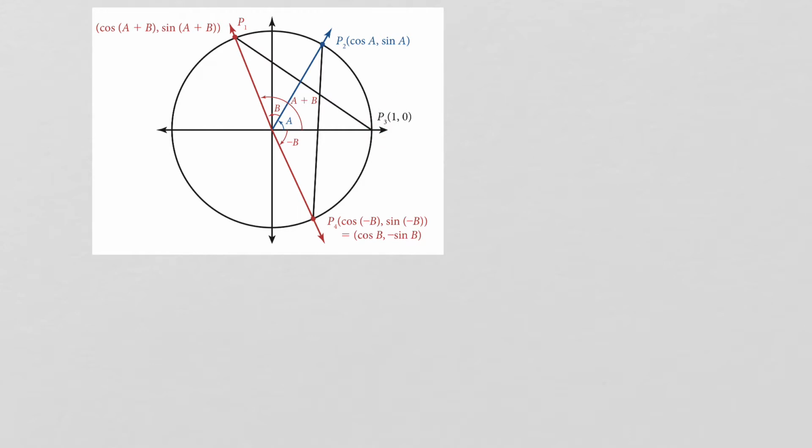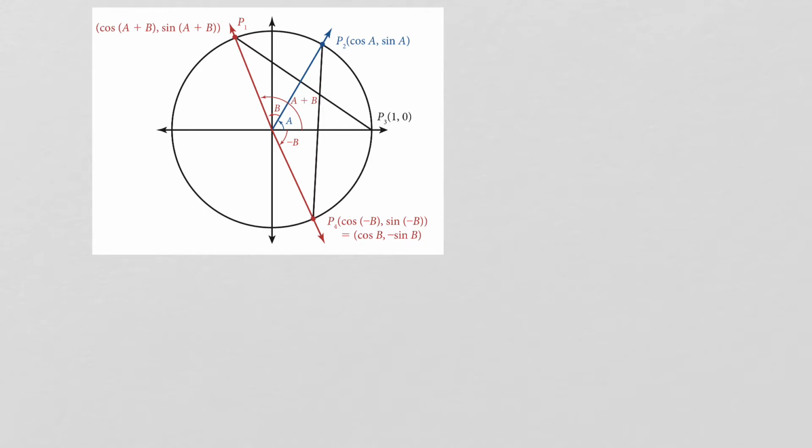And the other chord goes from here to here, and that chord also comes from an angle whose size is A plus B. So this chord from P1 to P3 has the same length as the chord from P2 to P4.